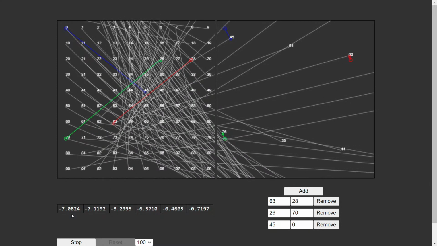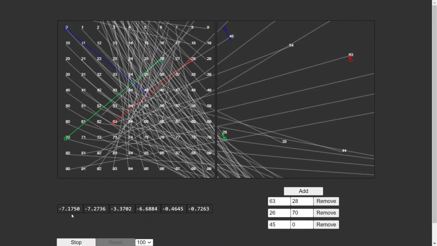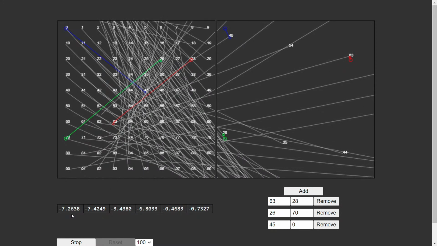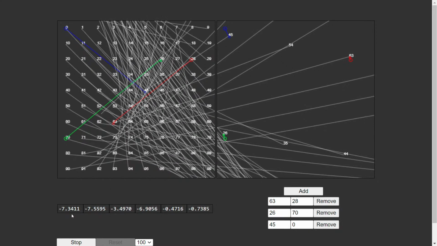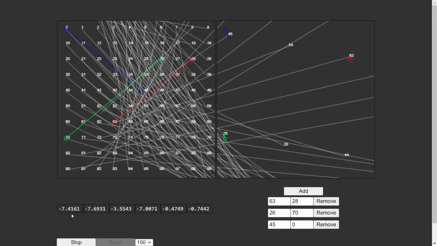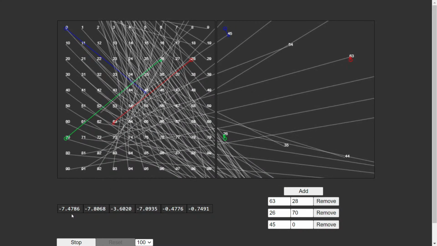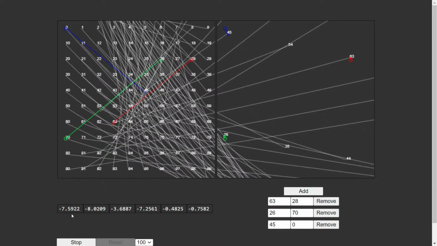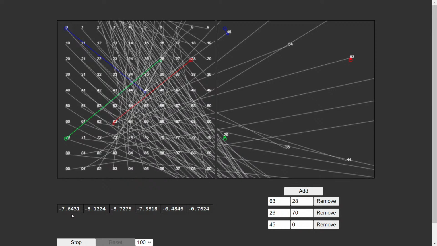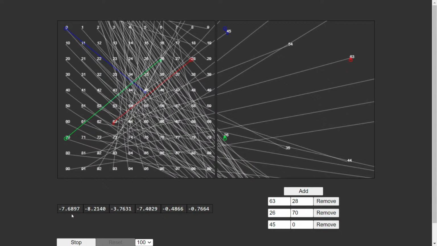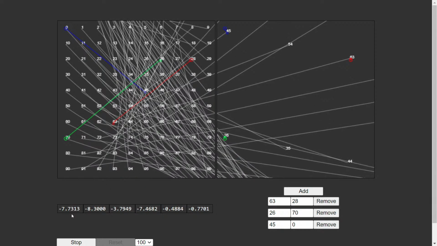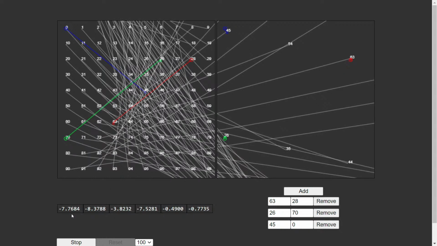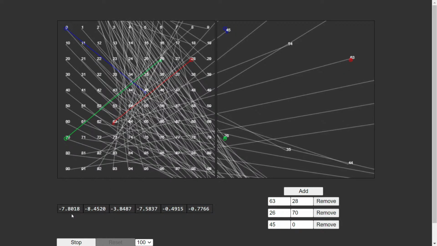Am I wrong? How hard would that be to implement? Because the x-axis would be animation frame, and then the y-axis would be... okay, so it does fit, by the way.